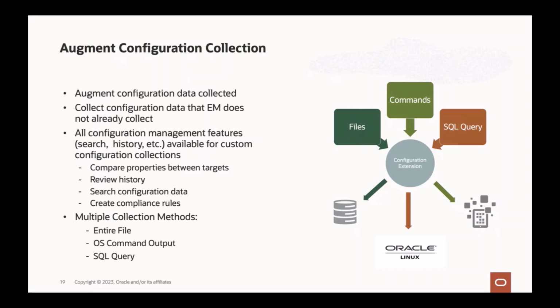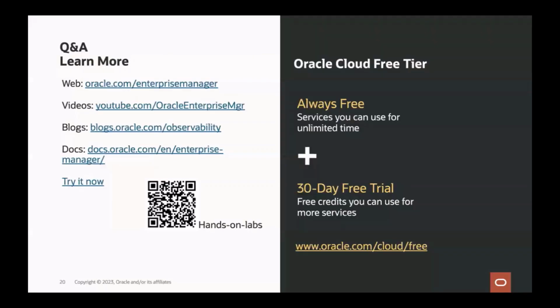Customized configurations can be collected on well-known target types or on a target type introduced as part of the configuration extension definition. You can either define an OS command or define a SQL query as part of creating an extension to gather specific configuration details that are relevant for your day-to-day management and security policy.